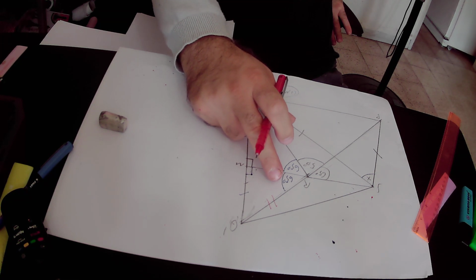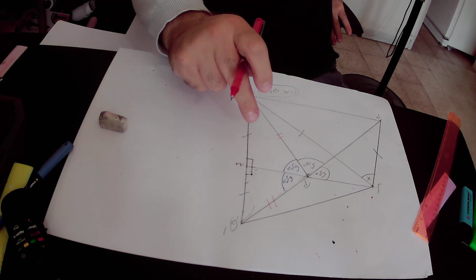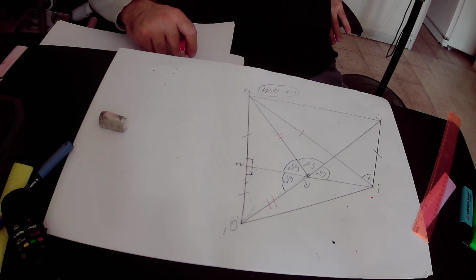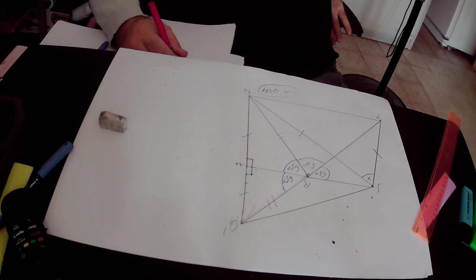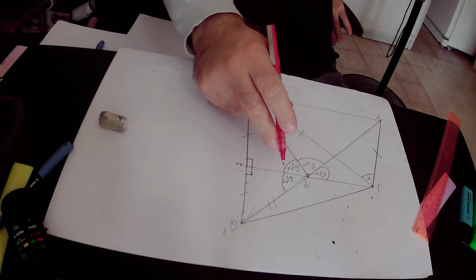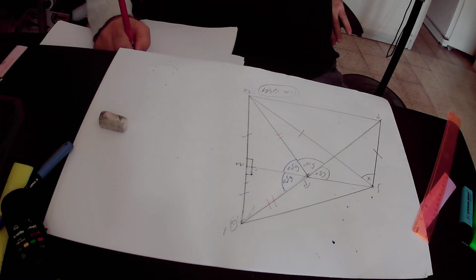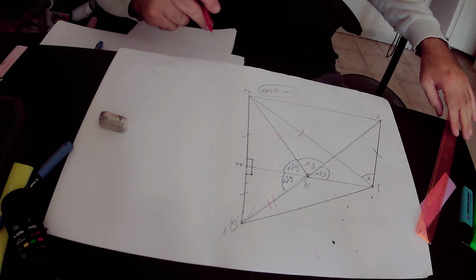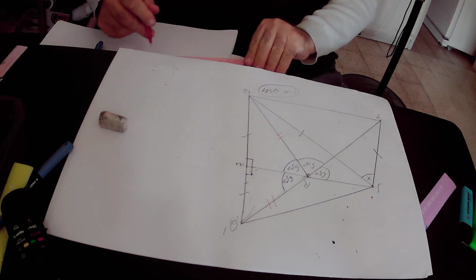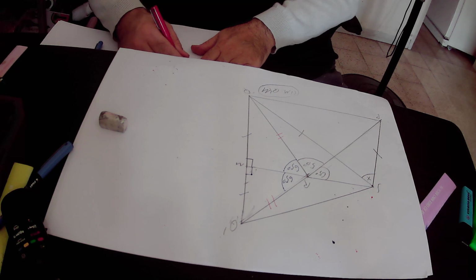We will focus on the big right triangle QMS and triangle QDSMS, the right triangle QDSMS, and we will prove that those two big right triangles can go into each other.